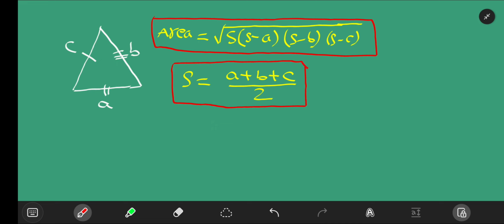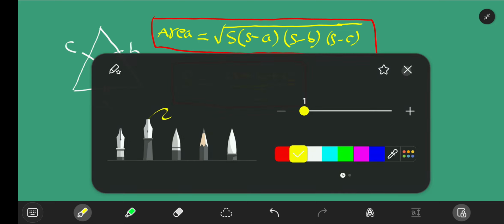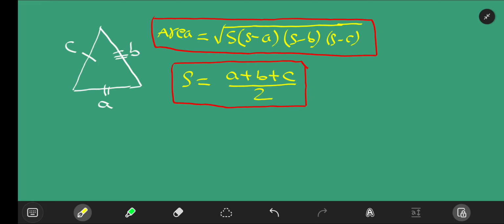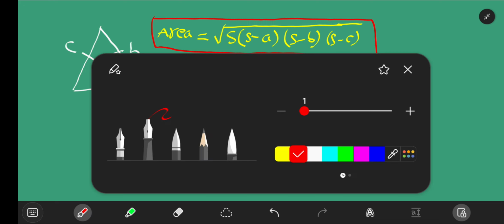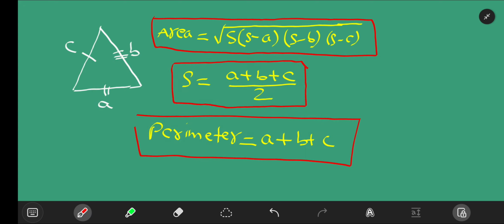Okay. And perimeter of this triangle is equal to A plus B plus C. This is the formula for perimeter. Three formulas for scalene triangle.